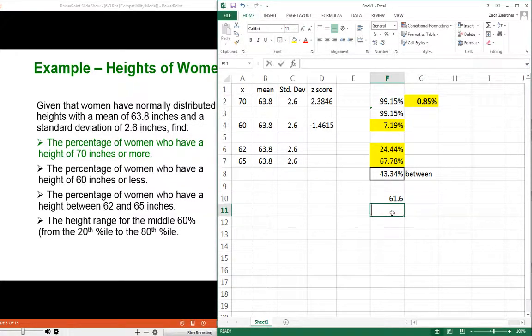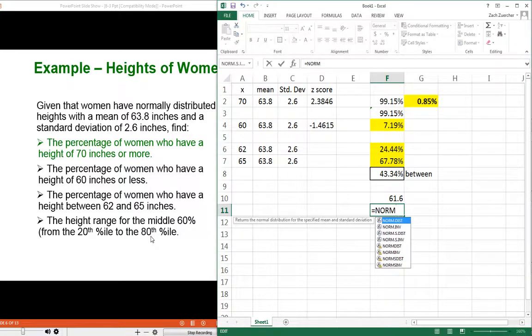And then we want to also figure out what's the height of the 80th percentile. What's the height so that 80% of the women's height is below this particular X value. So we're going to go back to the same thing, norm inverse.